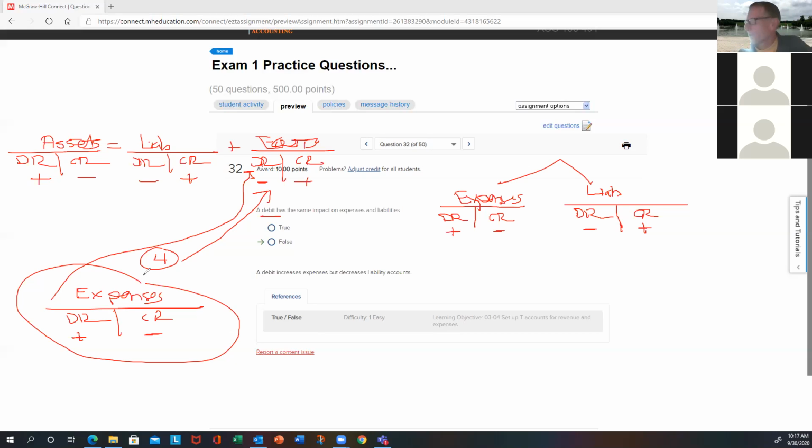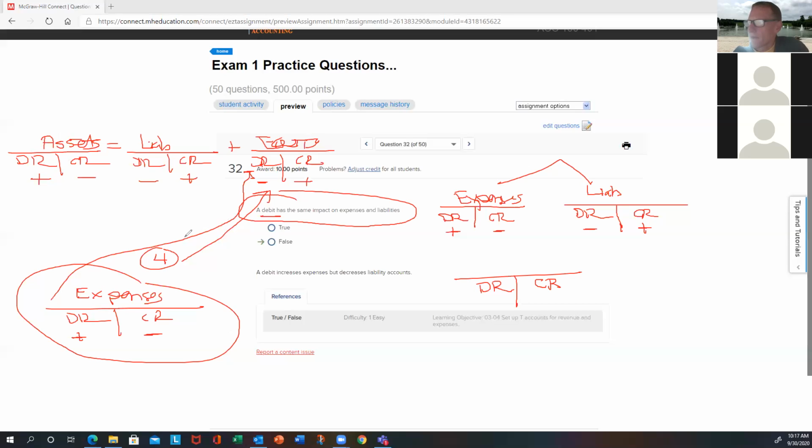Even though universally, if you look at a T account, debit does mean left and credit does mean right. That's the only thing that's universally true for debits and credits for everything. In terms of the increase decrease rule, a debit to an asset means increase, a debit to a liability means decrease. And in this problem, they're focusing on debits and how they affect both expenses and liabilities.